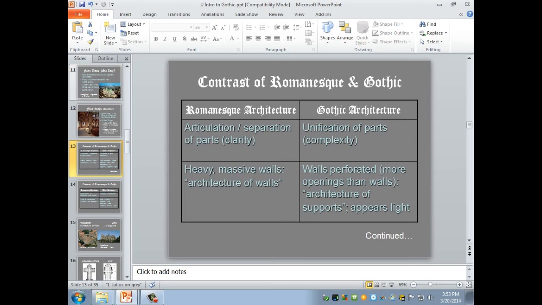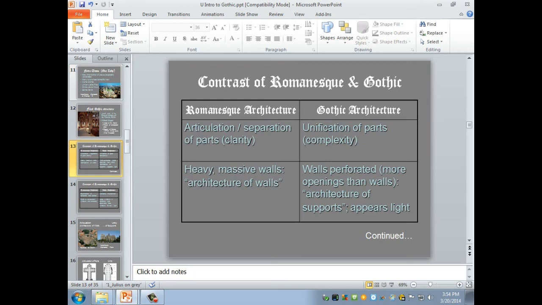In Gothic architecture, they've learned ways to support the buildings without those heavy walls. We talked about the flying buttress for one. And the walls become perforated or open. In other words, you've got more opening maybe than walls sometimes, but it certainly gives the feeling of being open.